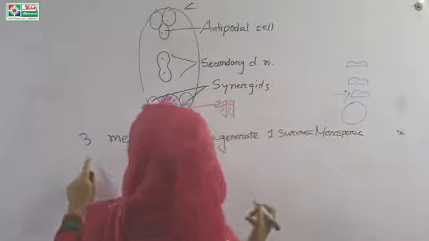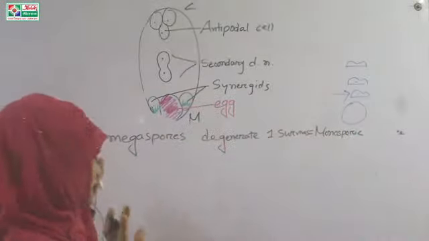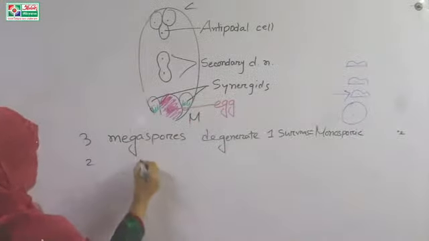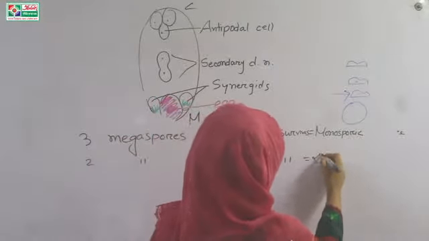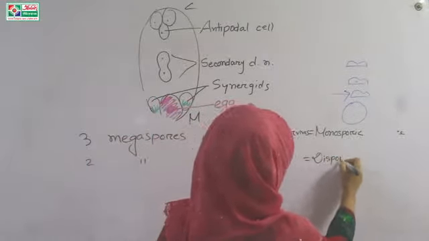Out of four megaspores, when in some angiosperms two megaspores degenerate and two survive, this is known as disporic type.